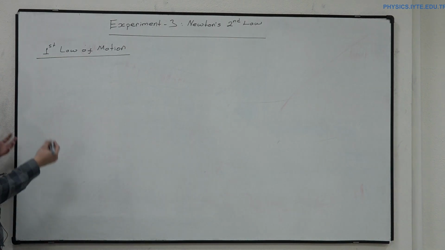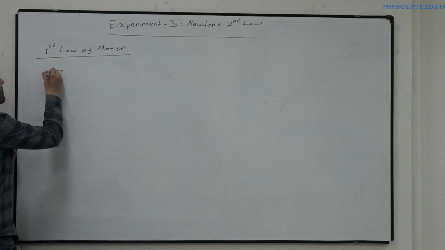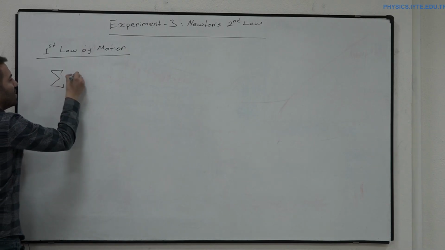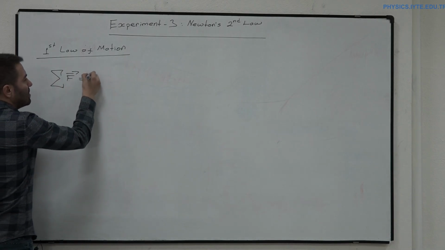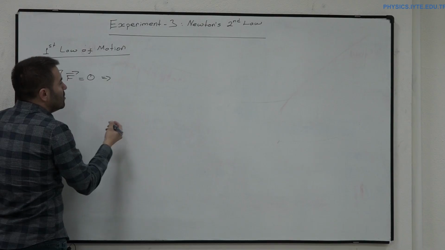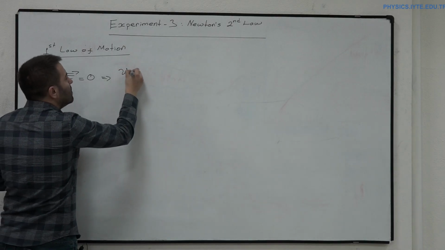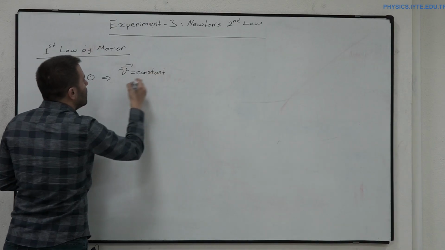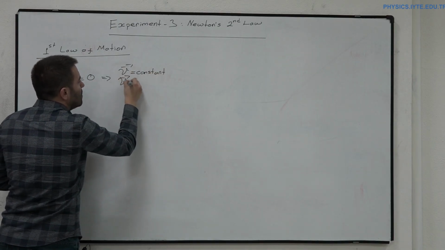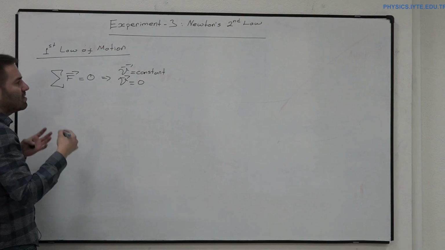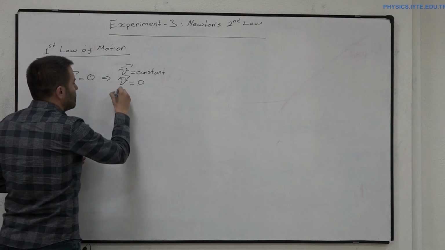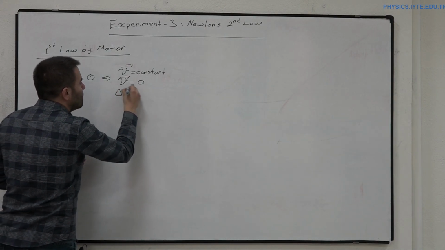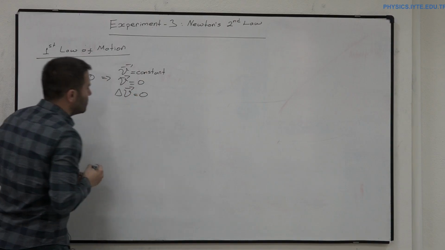If we try to explain it mathematically, we can write that if the total force is 0, then the object's velocity will remain constant, or it will be 0. Or basically we can say that the velocity will not change, so the change in velocity will be equal to 0.